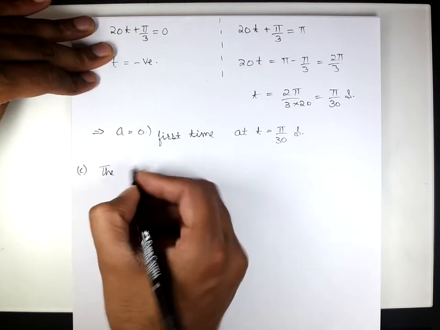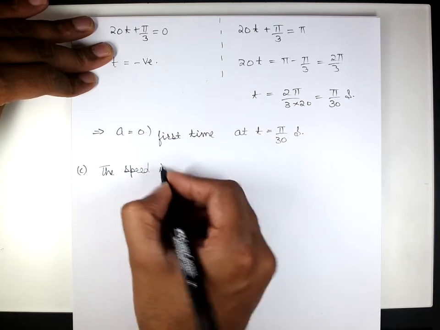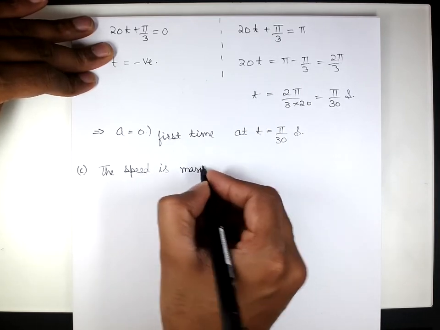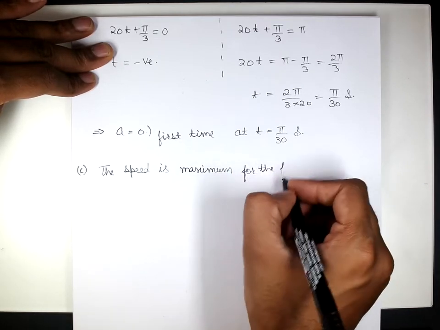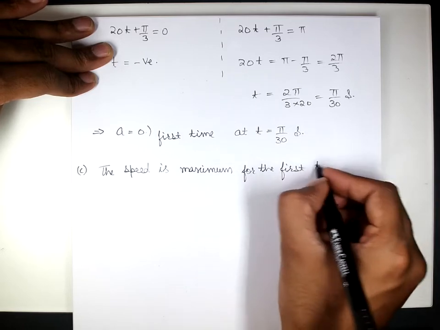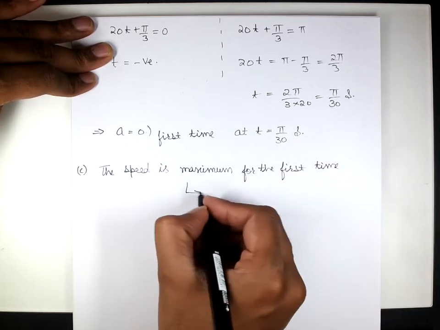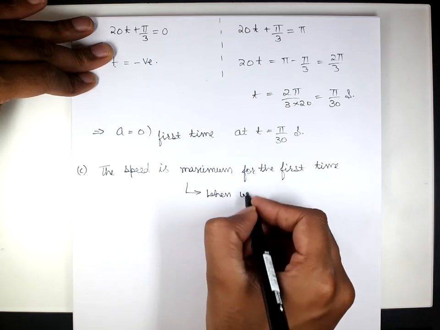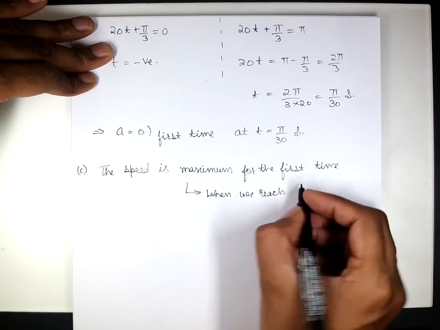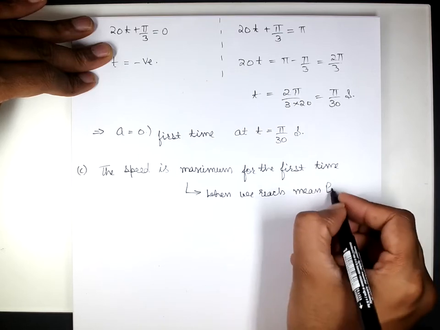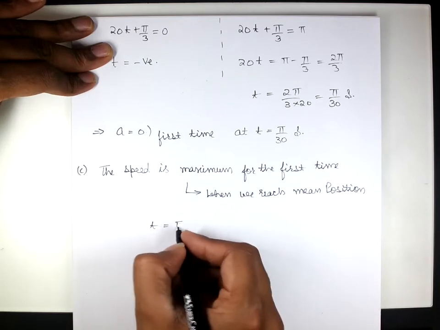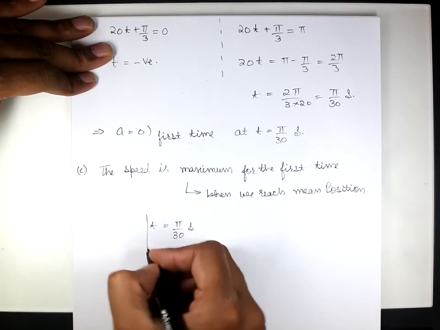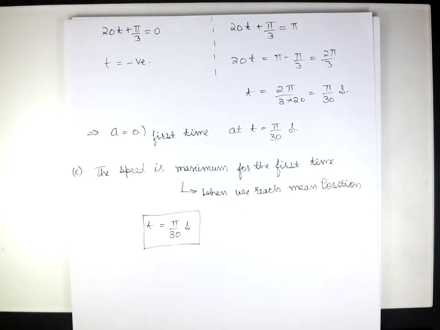The speed is maximum for the first time when we reach the mean position, and we do reach the mean position at t is equal to pi by 30 seconds. So this becomes the answer for the third part also. This is how this case can be done.